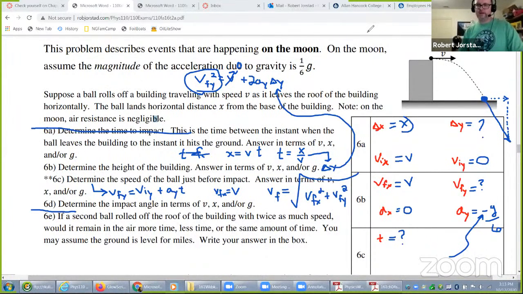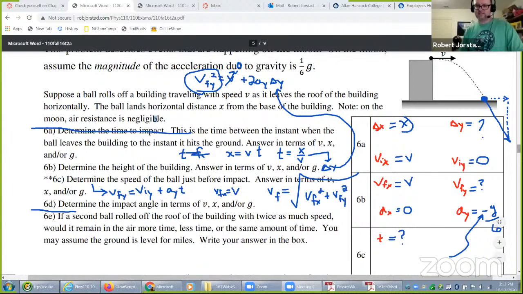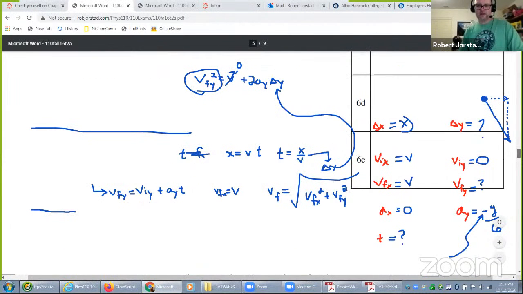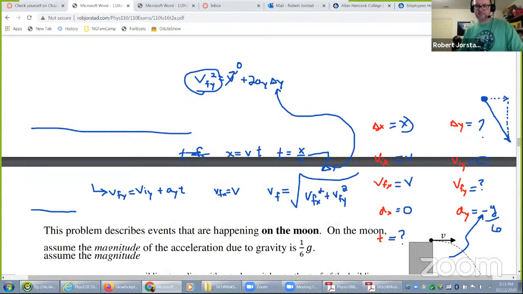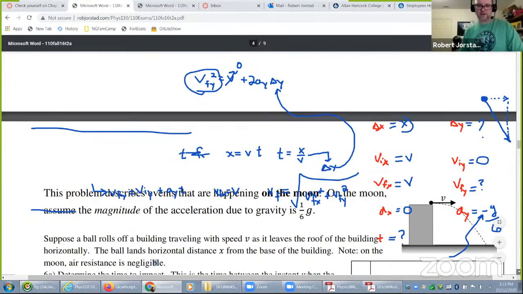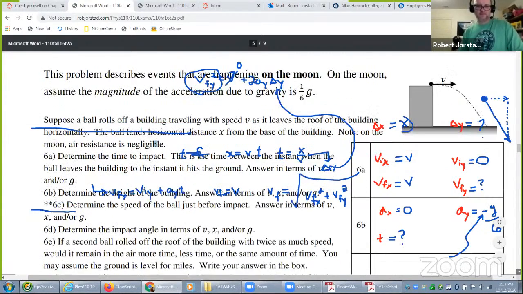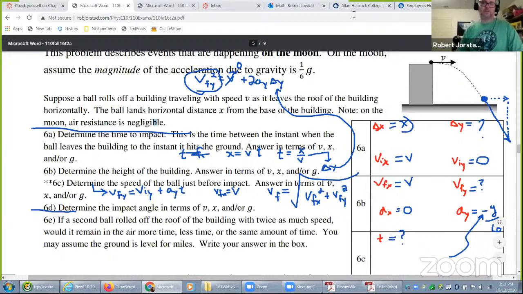On a paper and pencil test, usually I make you draw it. This was an old test, actually a pretty easy test. But there's a tricky part. So you're going to have to figure out that angle and express it some way. That's fine. And so there's going to be an inverse tangent somewhere.